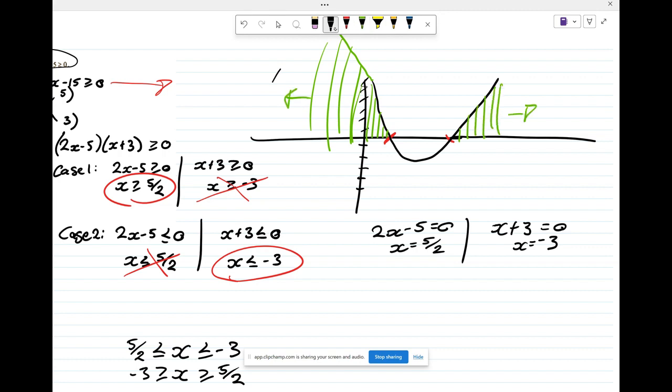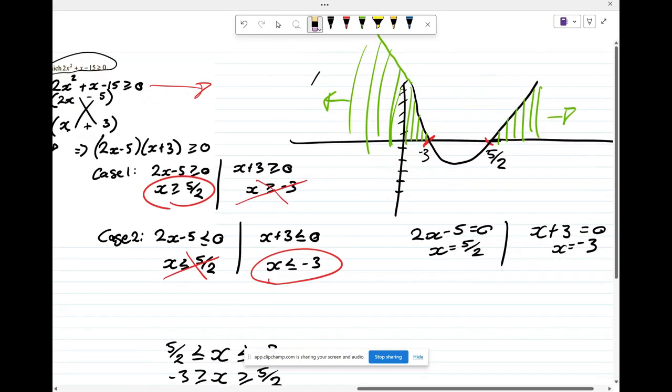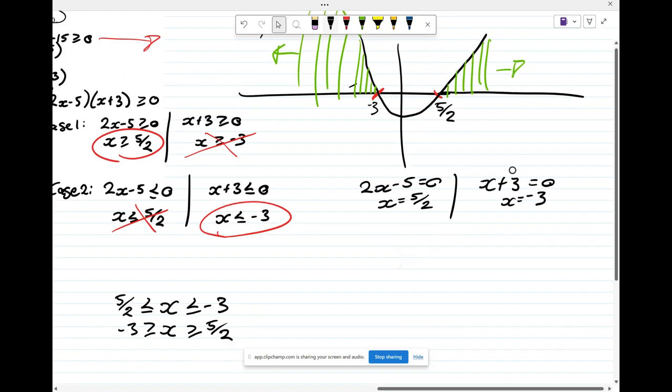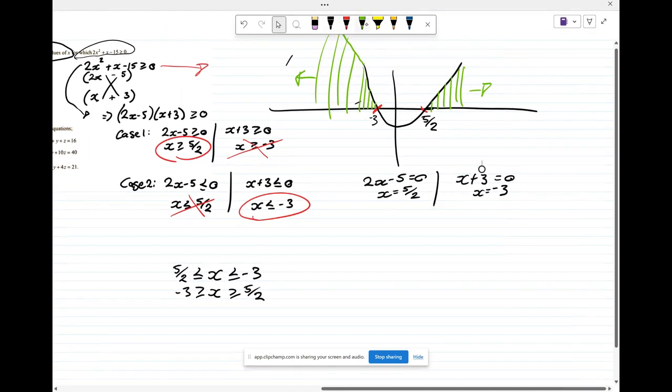And we know this was minus 3, and this was 5/2. Doesn't really matter. This is just a sketch. So the axis is probably here somewhere instead of there. That's okay. And we can see that we want everything in green.